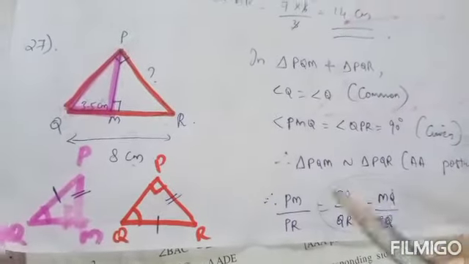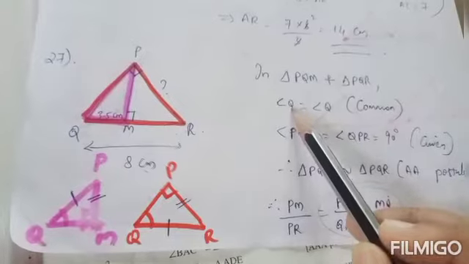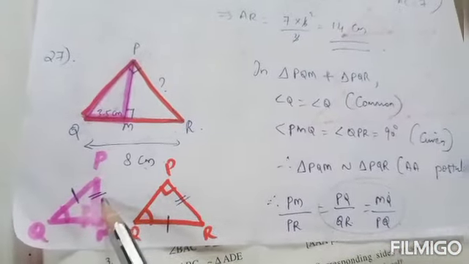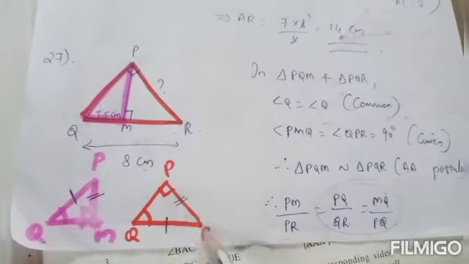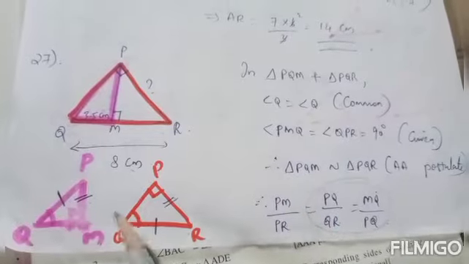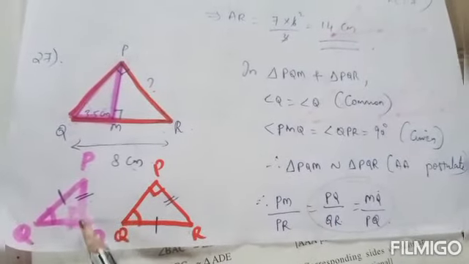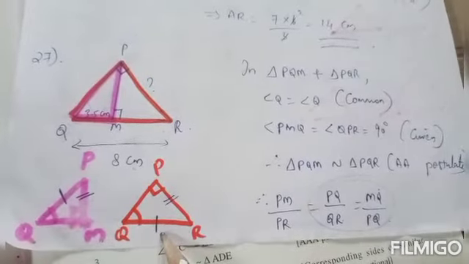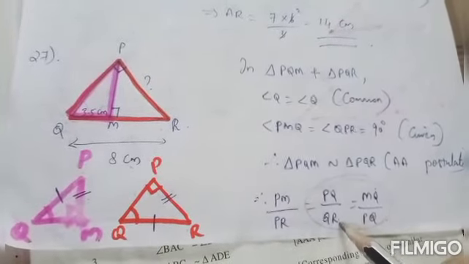Now we can take the ratio of corresponding sides. Side opposite to angle Q: in the first triangle it is PM, in the second triangle it is PR. So PM by PR. Now side opposite to 90 degrees: in the first triangle it is PQ, in the second triangle it is QR. So PQ by QR.